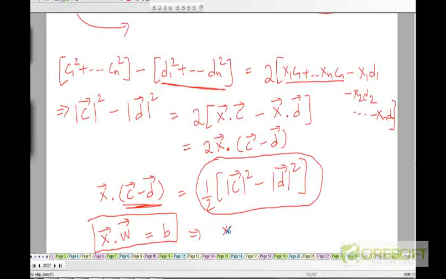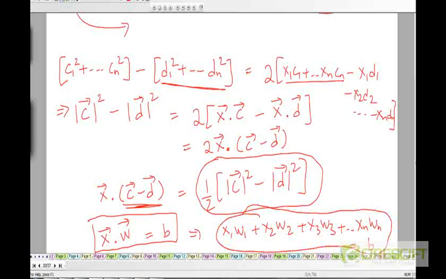This can be represented as x1 times some constant w1, plus x2 times some constant w2, plus x3 times some constant w3, and so on till xn times some constant wn, is equal to b. Okay, this is the kind of equation that a decision boundary will have for Rocchio. w1 to wn are constants and b is a constant.